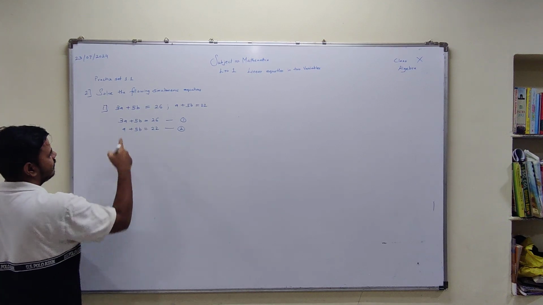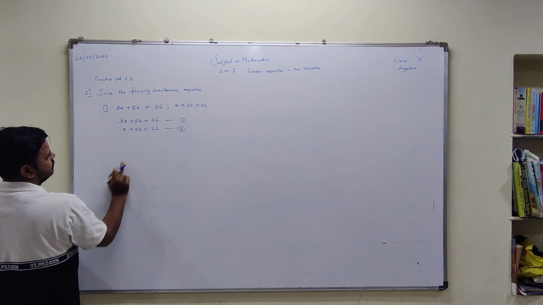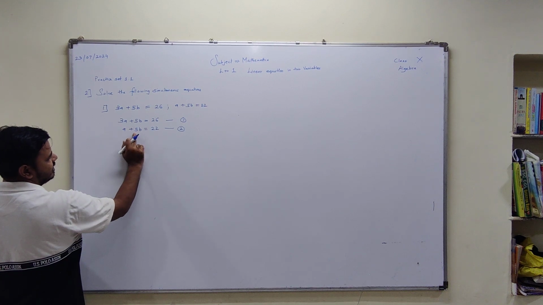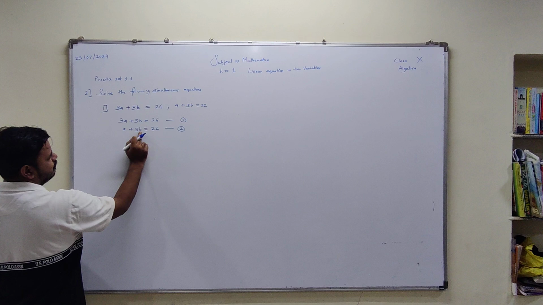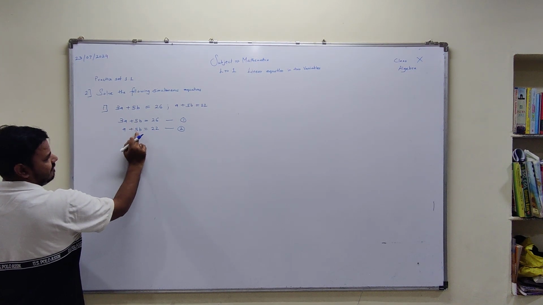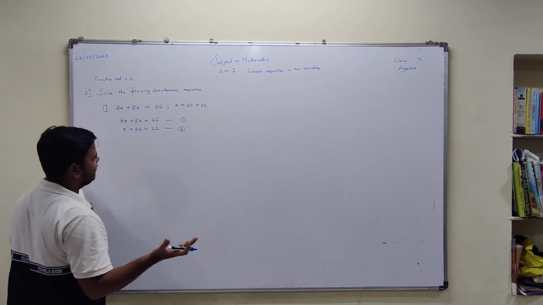Now you have to observe very carefully the coefficients of a and b. Here we can see that the coefficient of b is 5, and here also it is 5. So in both equations the coefficient of b is 5 and 5, so here we don't need to do anything.